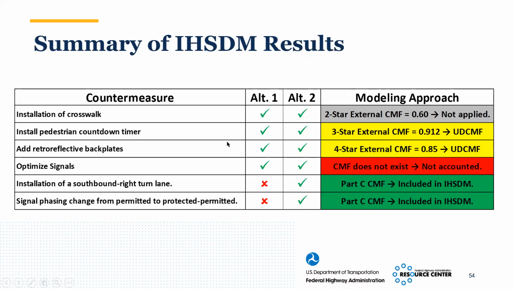For the two treatments of installing pedestrian countdown timer and backplates, which were in two alternatives, we used user-defined CMFs from the CMF Clearinghouse. For optimizing signals, they were not accounted for. But for the two treatments in alternative 2, since Part C CMFs could handle and account for those changes, they were modeled, so there was no need to add additional CMFs.